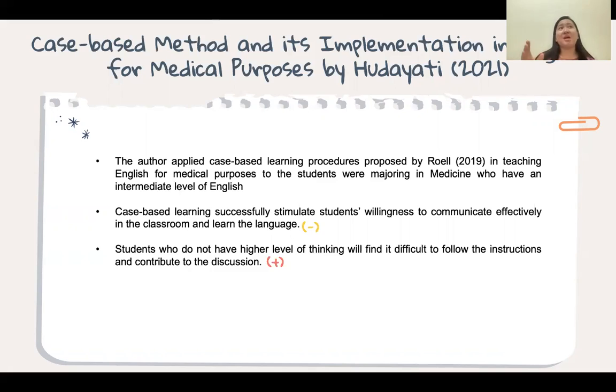So that is the positive result. And then the negative result is that students who do not have a higher level of thinking will find it difficult to follow the instruction and also contribute to the discussion. So in this study, we have a positive result and a negative result.